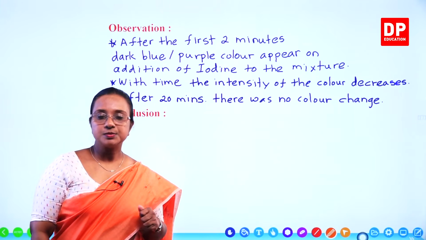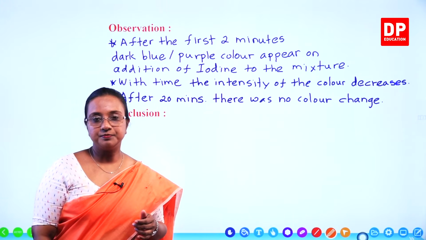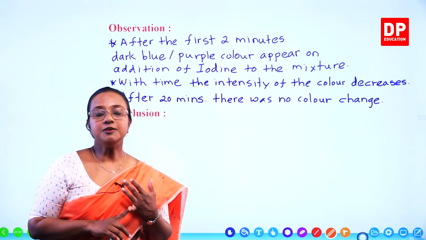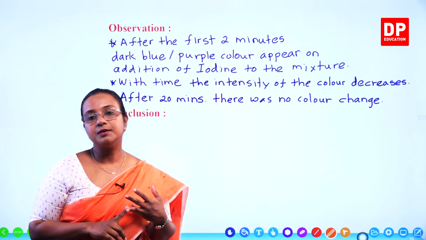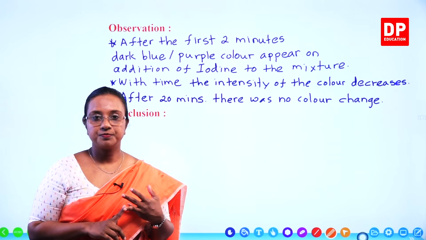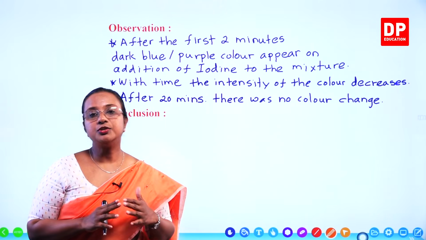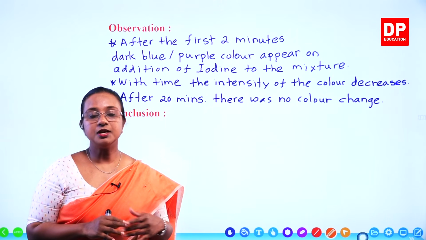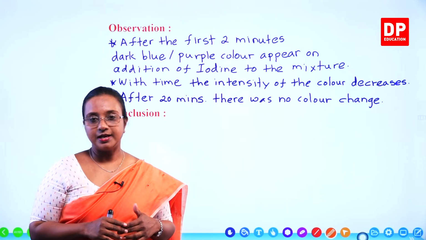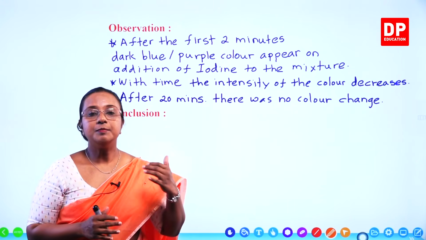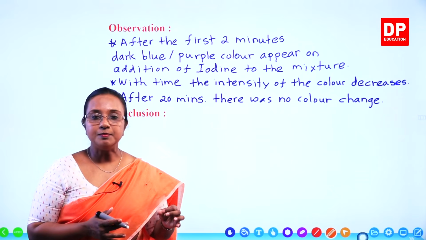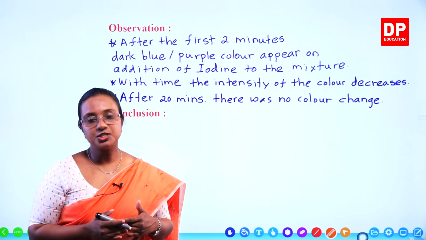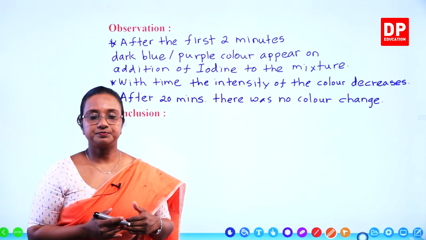How would you explain this activity? Initially, we took starch solution and we added amylase solution. And when we drew out a drop from the reaction mixture and tested with iodine, we got the purple or dark blue color. That means there was starch in the mixture.